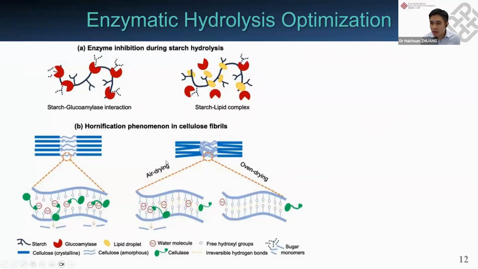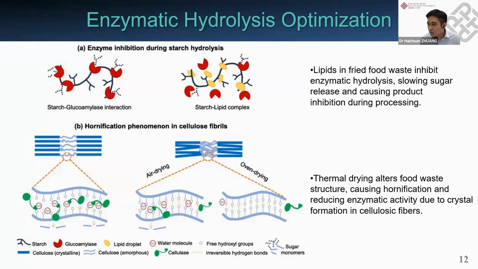In our enzymatic hydrolysis, sometimes the enzyme will be inhibited by different components in the food waste. For example, during starch hydrolysis with amylase, the lipid will inhibit the amylase hydrolysis. So here we also do some mechanism study about those enzymatic hydrolysis.